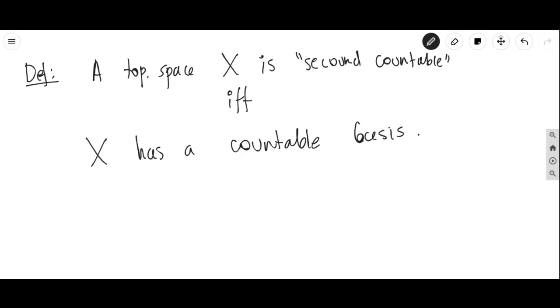What this means is you can find a topological basis whose topology will generate the topology on X, and it's a countable basis. So it's called second countable.